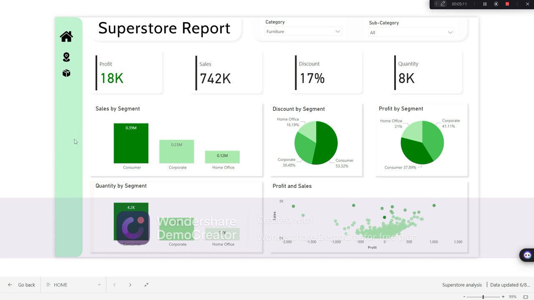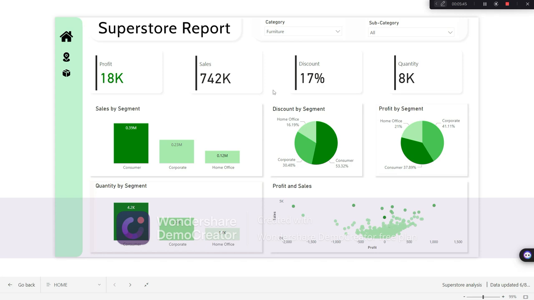In segment-wise view, furniture made 0.39 million sales in the consumer segment. In corporate it made 0.23 million sales, and in home office it made 0.12 million sales.